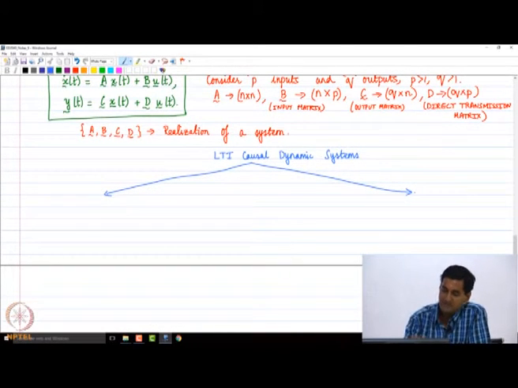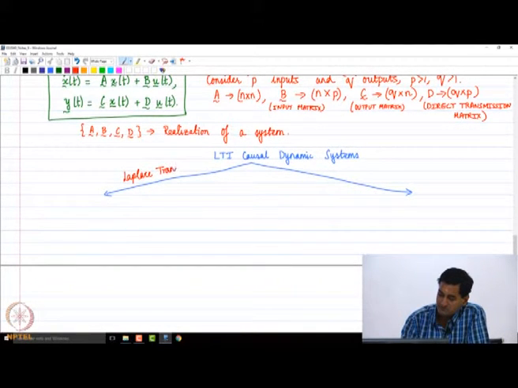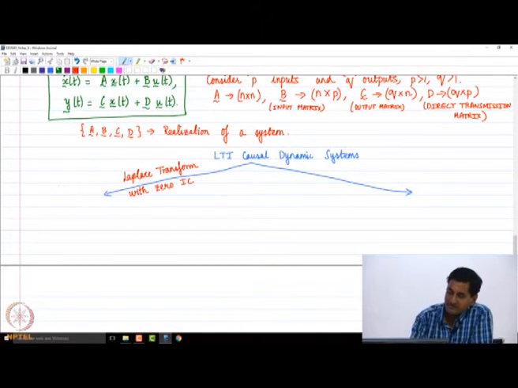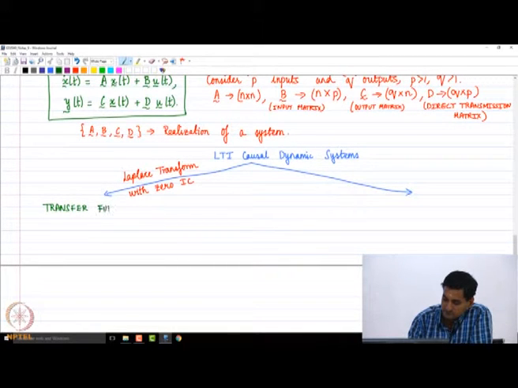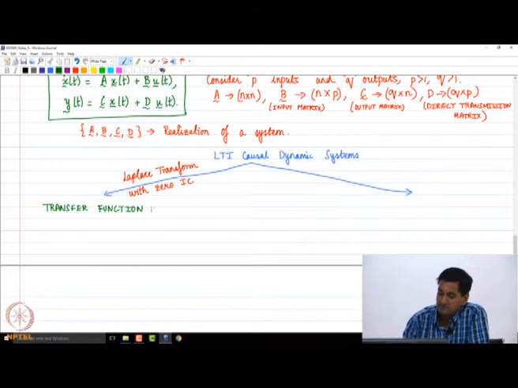Let's say we apply the Laplace transform with zero initial conditions. What we get is what is called a transfer function representation.